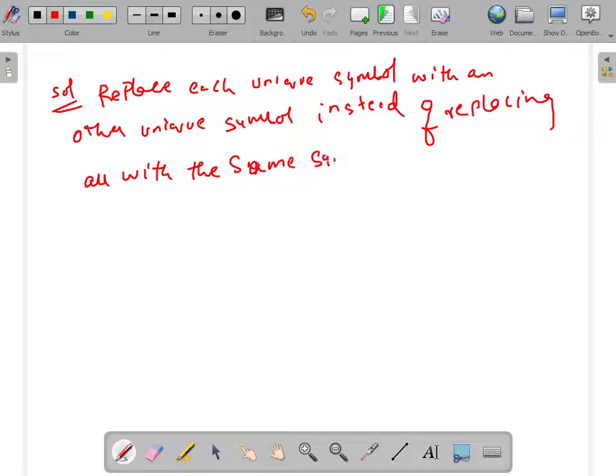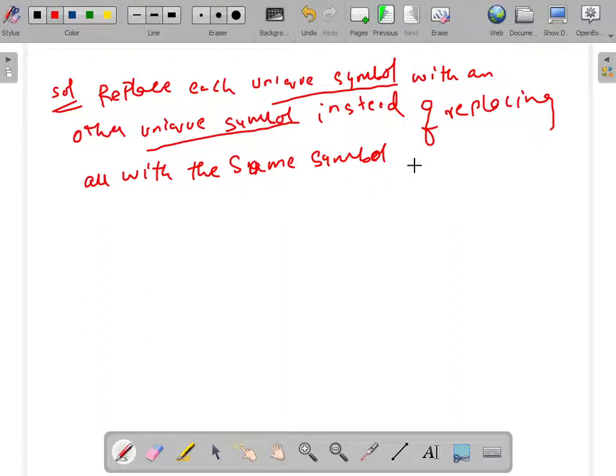Same symbol. What we were doing previously is using only one symbol, X, for the whole text. But now we are taking a unique symbol for each distinct character instead of replacing everything with the same symbol.